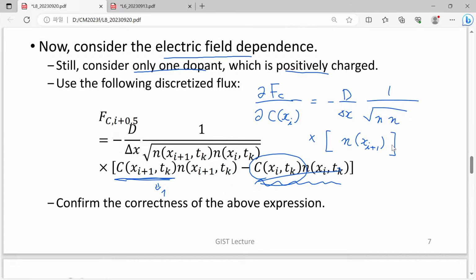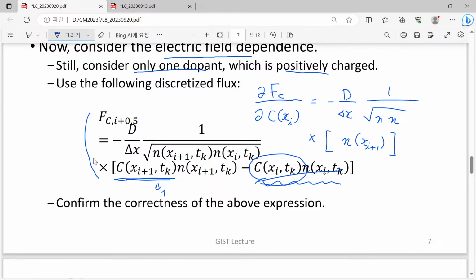You have missed something. What is missing? The missing point is that in this calculation, your n is not an independent quantity. It is simply given as a function of your c.